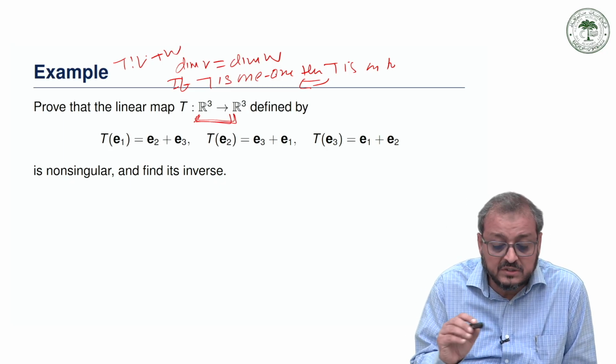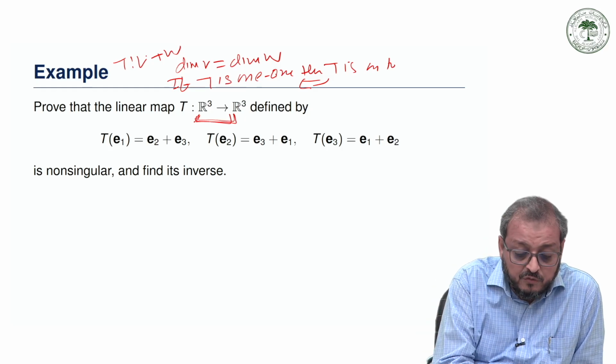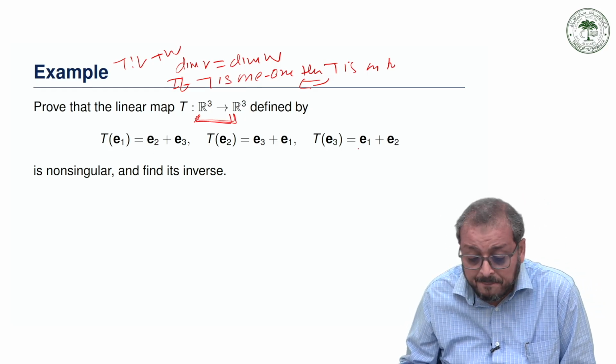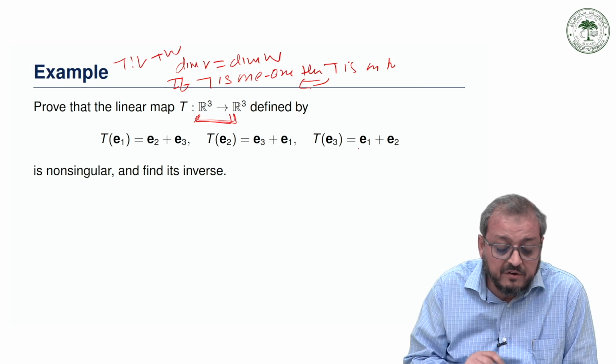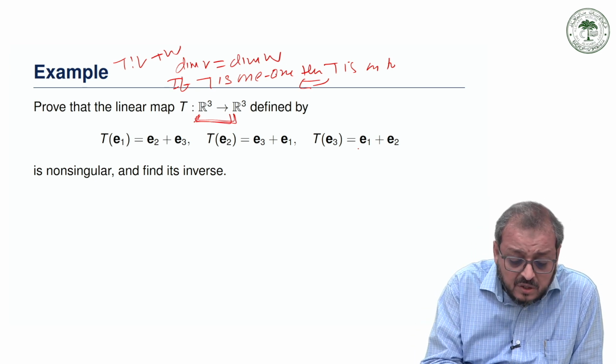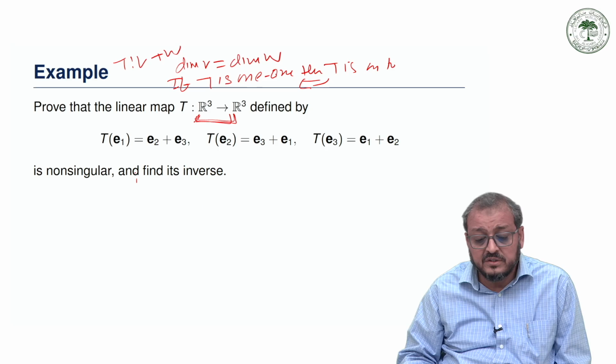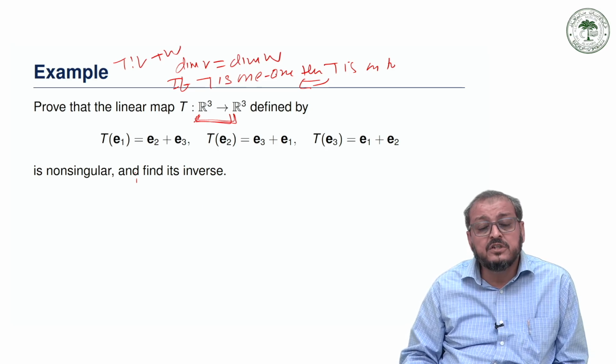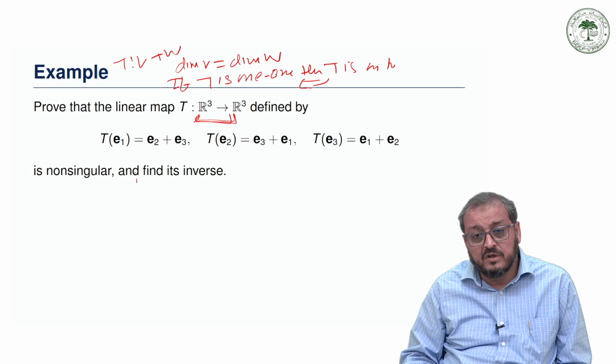So we say T of E1 is equal to this, and T of E2 and T of E3 are defined in this way. First we have to try to find the inverse. To show this transformation is non-singular, we have to find the kernel of this.